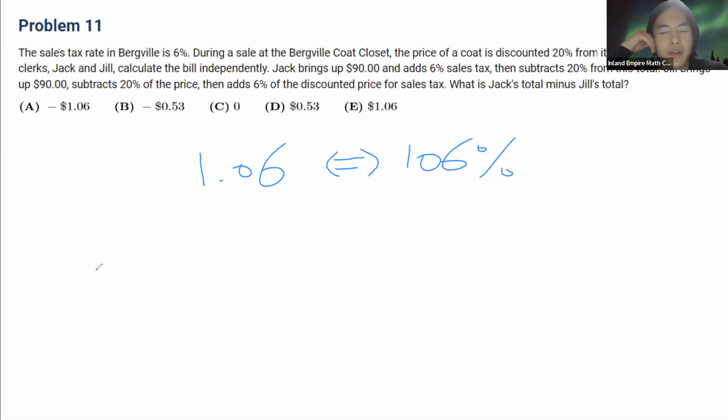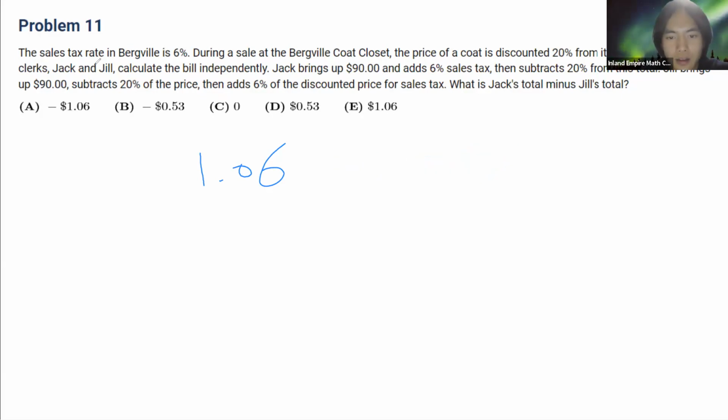And in case you didn't understand why this is true, it's because the percent sign really just moves the decimal point 2 places to the right, right? So 1.06 is exactly the same idea as 106%. It's just written differently.